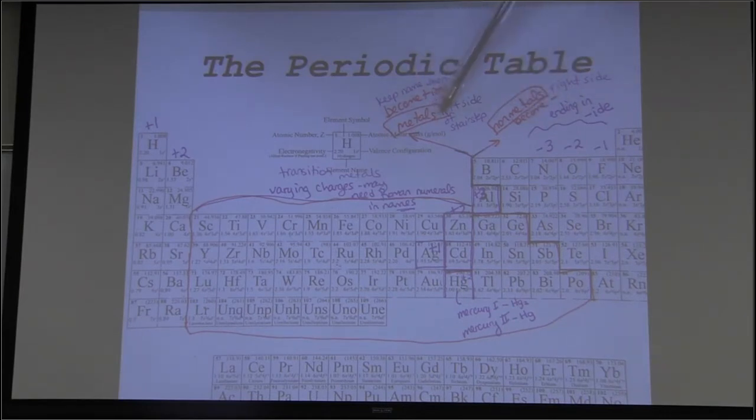And the metals are the ones that become positive ions, and they keep the name when they become the positive ions. Nonmetals become negative, and their ending changes to "ide."